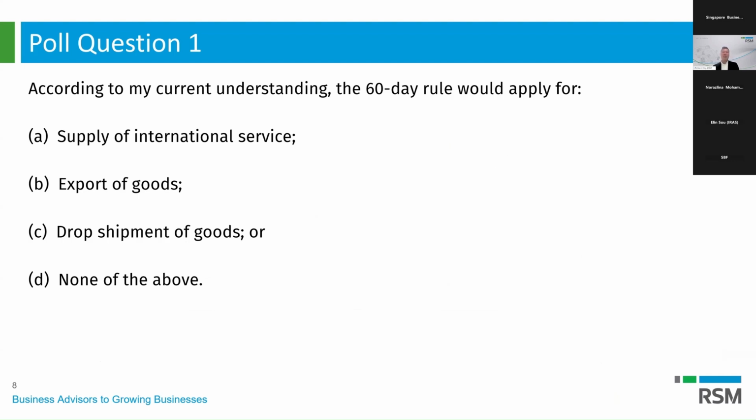This should be a walk in the park. Okay. I hope no one chose none of the above. Okay. Yeah. And to narrow down the choice, it does not apply on drop shipment of goods. So it's either supply of international service or export of goods.